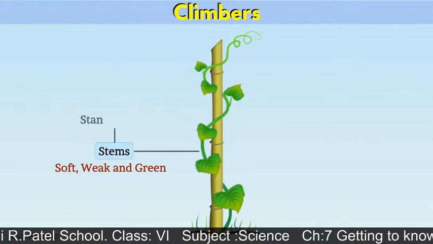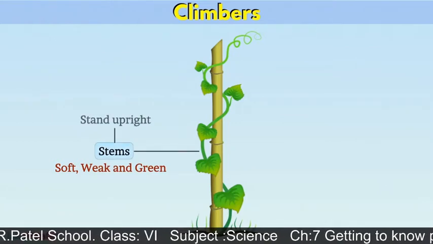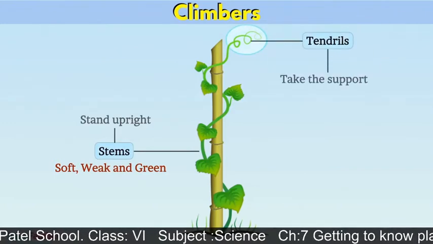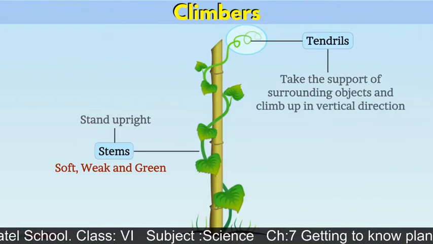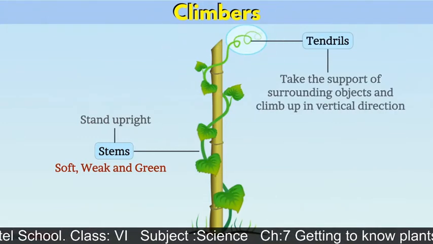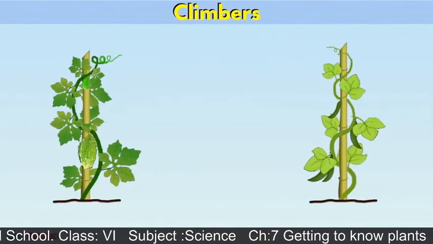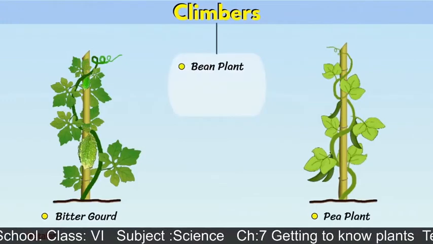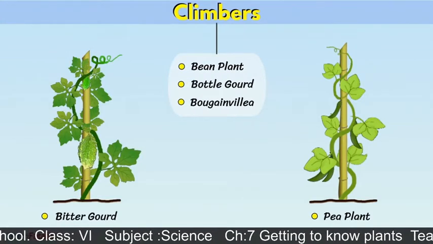They can stand upright. However, instead of spreading on the ground, these plants have tendrils with which they take the support of surrounding objects and climb up in a vertical direction. Such plants are called climbers. Examples: bitter gourd, pea plant, bean plant, bottle gourd, bougainvillea, etc.